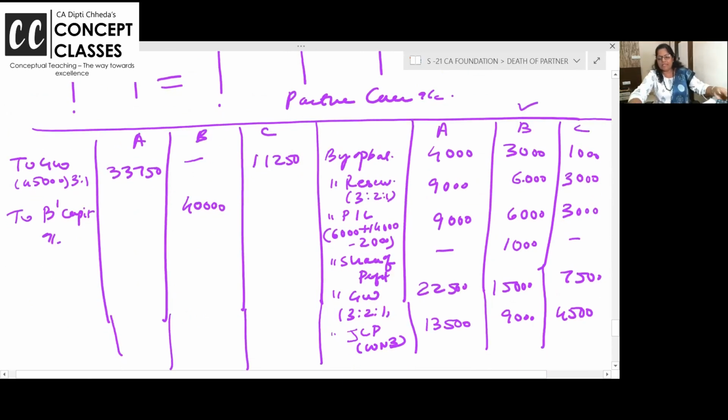Now balance the remaining current accounts. You all do the totals of current account and write.